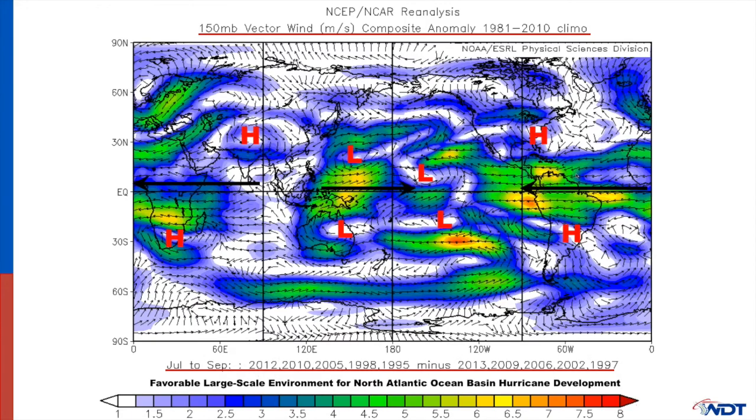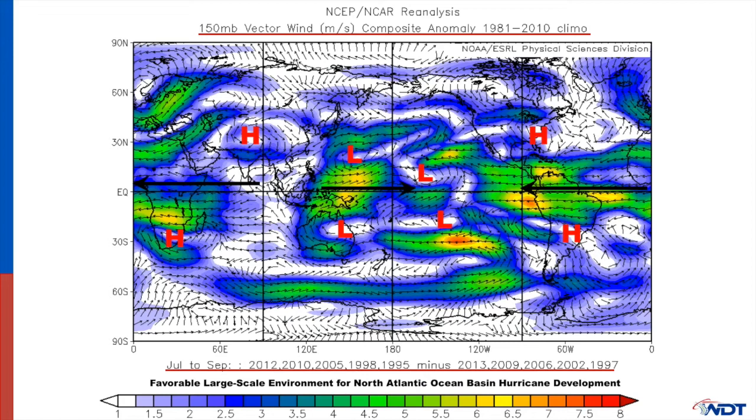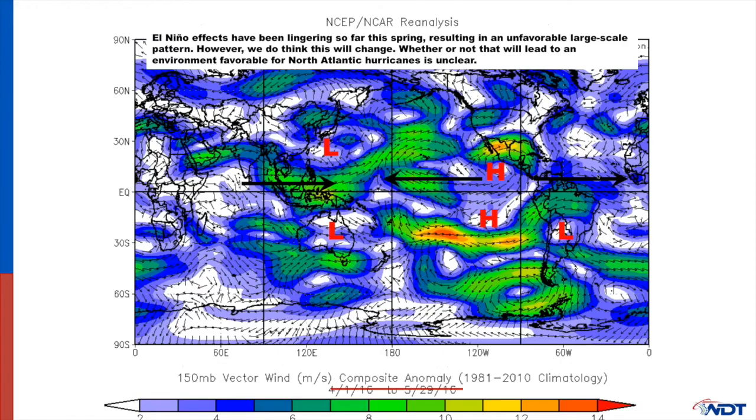Well, toggling back and forth, at least through the current time, we've almost got the opposite situation. We've got westerly winds aloft over the tropical and subtropical Atlantic. Again, going back to our favorable composite, we don't have the easterlies that we typically see during the most active years.